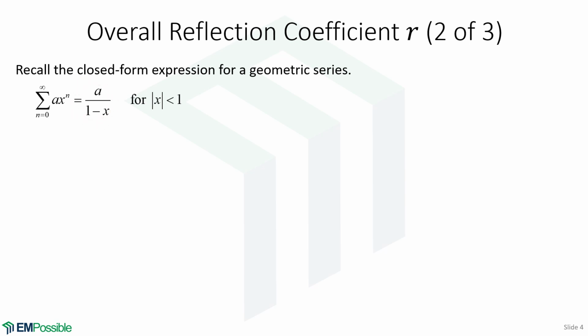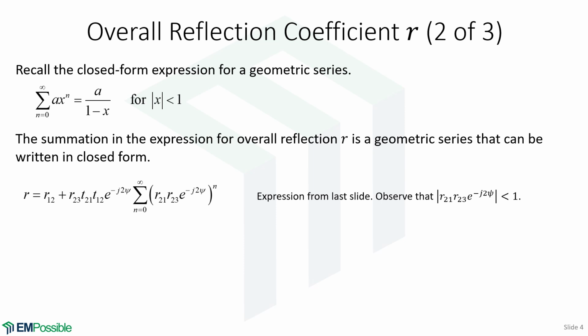And it turns out the summation that we wrote for the overall reflection coefficient is a geometric series, and we can write it as a single closed form expression. Let's go ahead and do that. So this is the expression that we had on the previous slide. Now looking at this summation and comparing it to the summation up here, we recognize what x is.